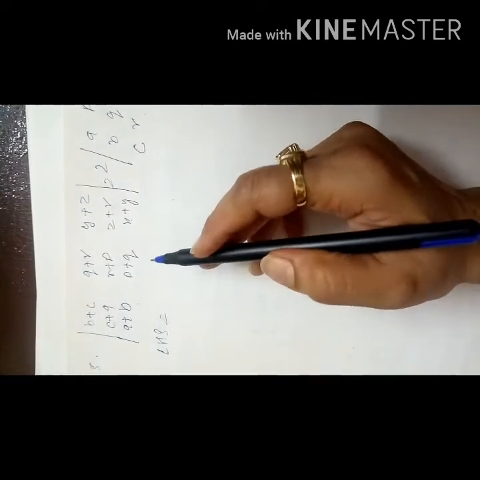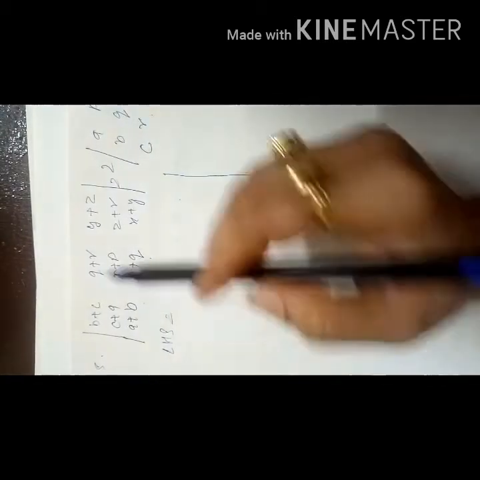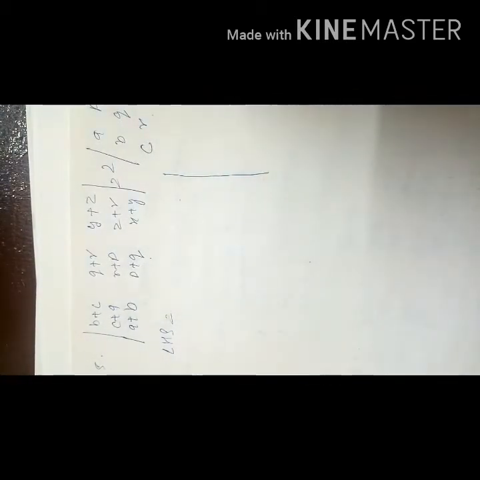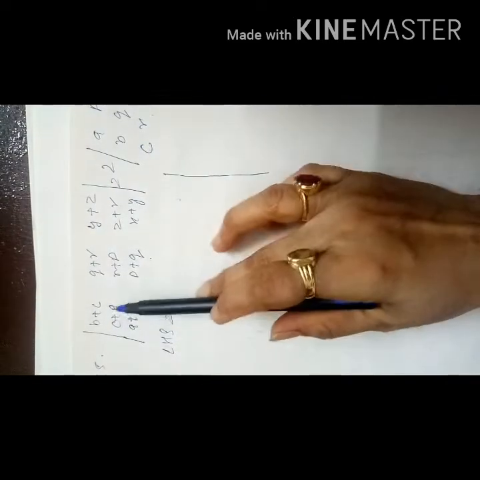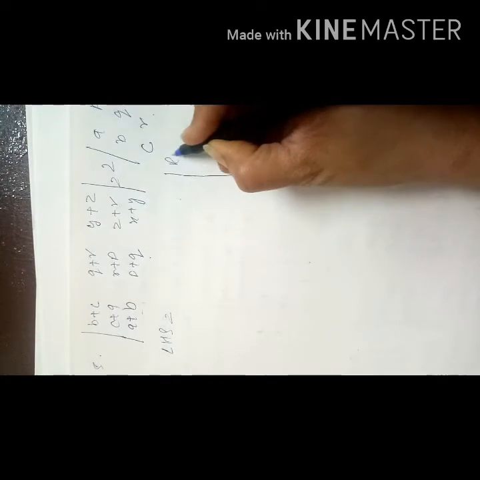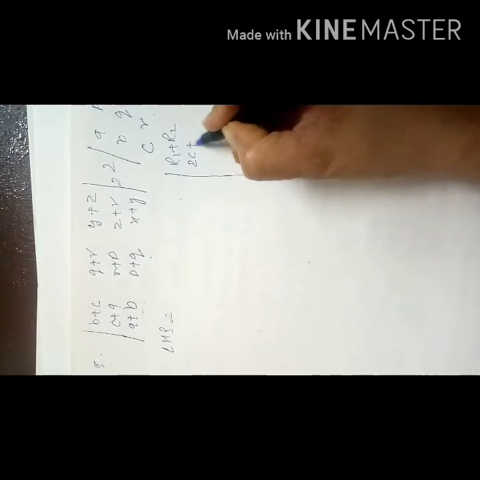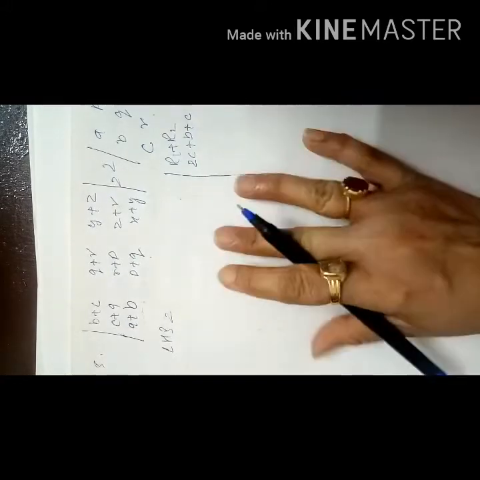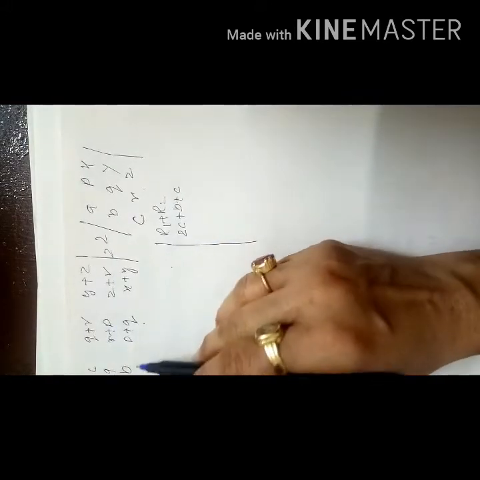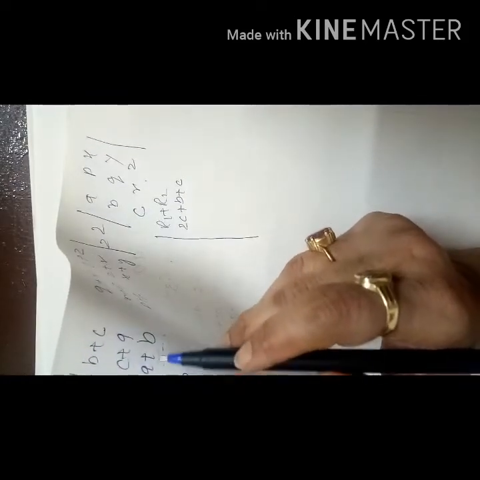Now this is question number 5. For the left side, what will we do? If we add these two and subtract this, let us see. If we add R1 plus R2, what do we get? Twice C plus B plus A. And then if we subtract this R3 value, what is this R3?